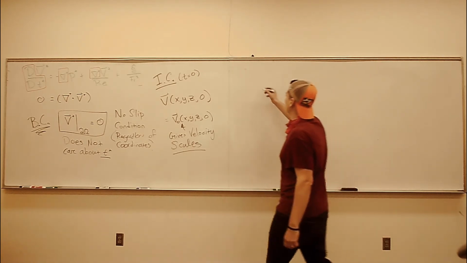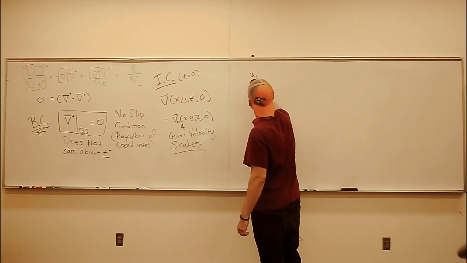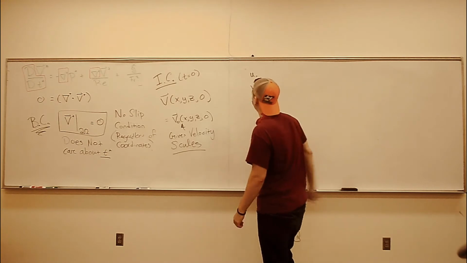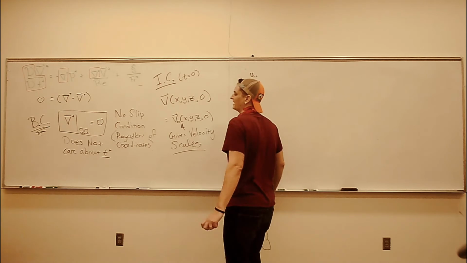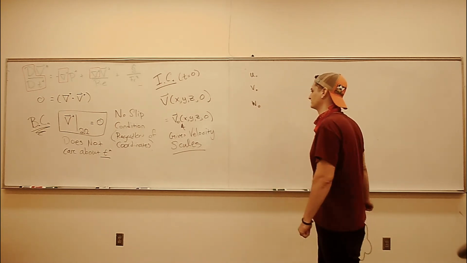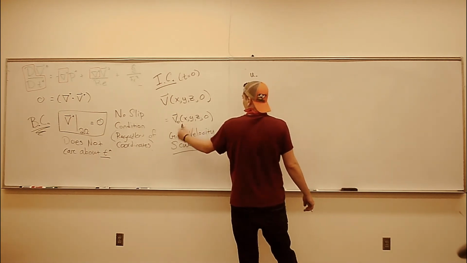So your velocity scales, let's say if I wanted to have a u naught and a v naught, what are then all these scales? Well, if you are assigning a velocity field at the initial time equals 0, that's where we can get the scales from.